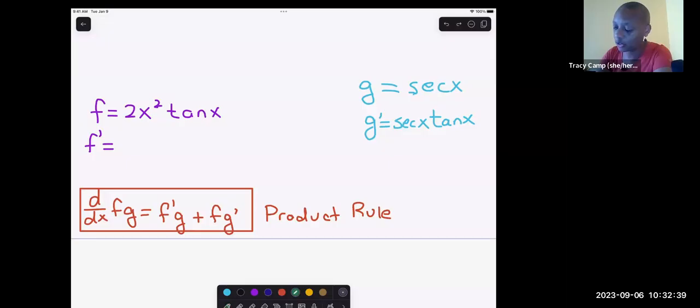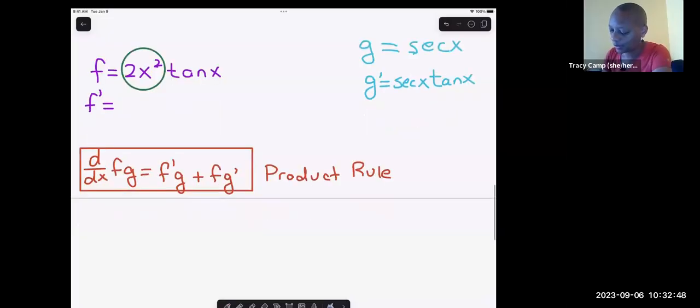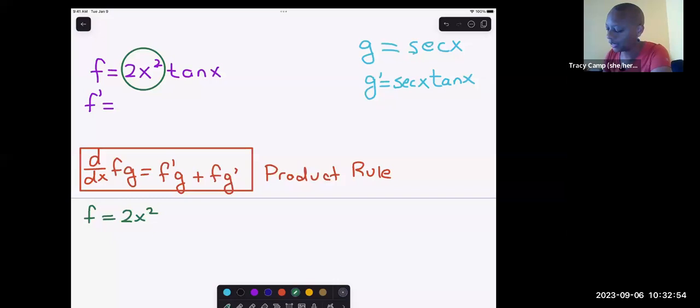I'm multiplying a 2x squared. So let's think of that 2x squared as our F for the product rule. And then we'll think of our tangent of x as our G for the product rule.